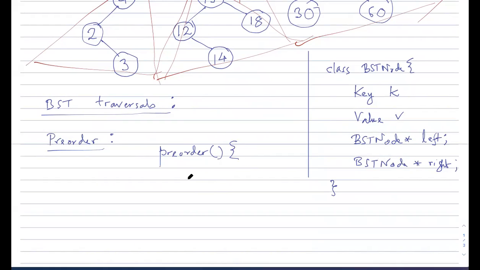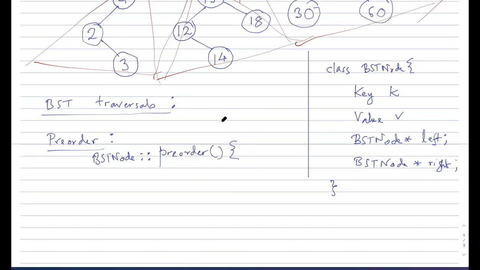So what code would I write here? What is the first thing I should write? So this I am writing with respect to, let's say, BST node. Okay. What should I write? What is the first thing you do in pre-order?